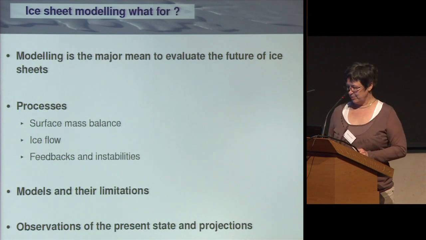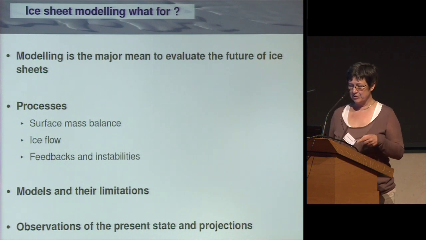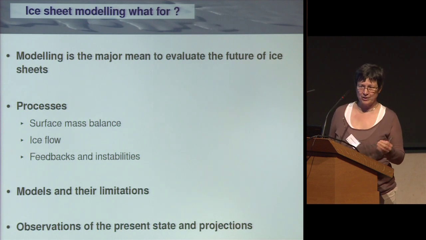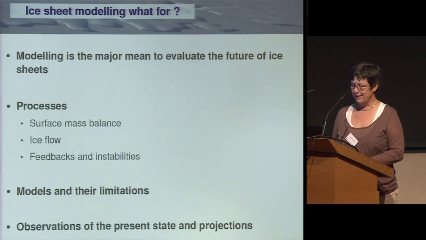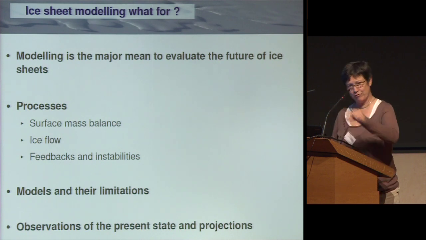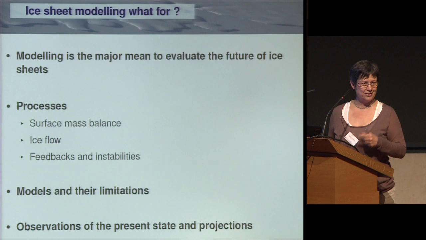I will speak a little bit about the models and their limitations, and I will make the point with some observation of the present state and how we use them for the projection. It will not be the outline because I will speak first of Greenland and then of Antarctica.